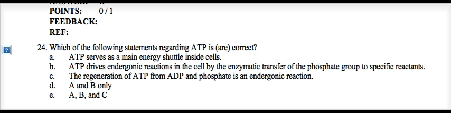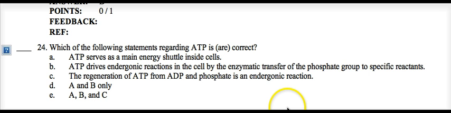Number 24, which of the following statements regarding ATP is or are correct? ATP serves as a main energy shuttle inside cells. That sounds kind of good. ATP drives endergonic reactions in the cell by the enzymatic transfer of the phosphate group to specific reactants.